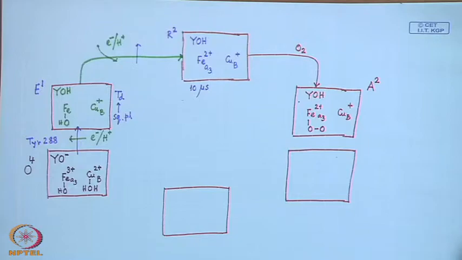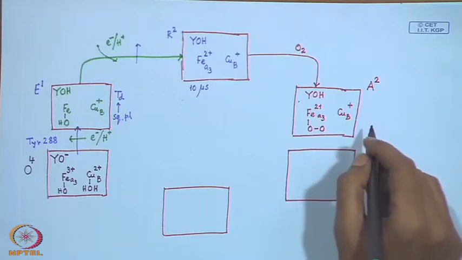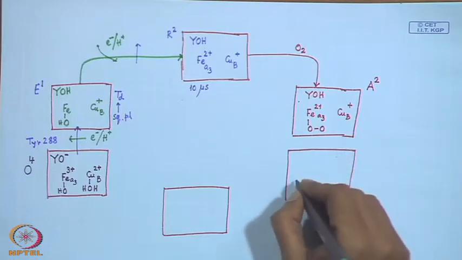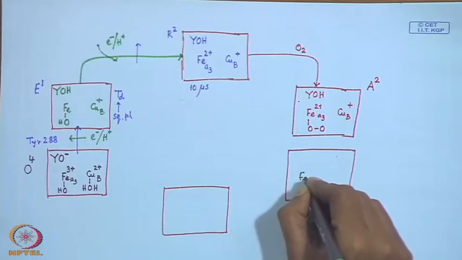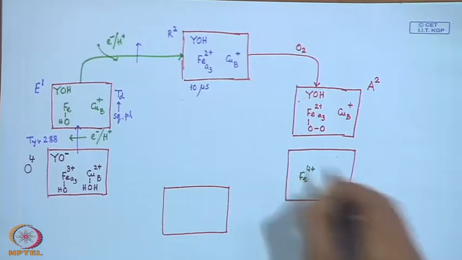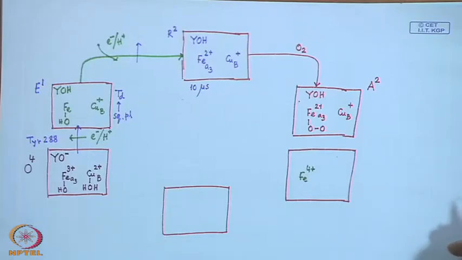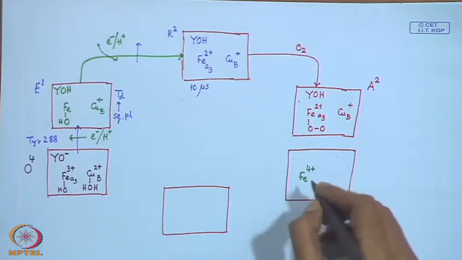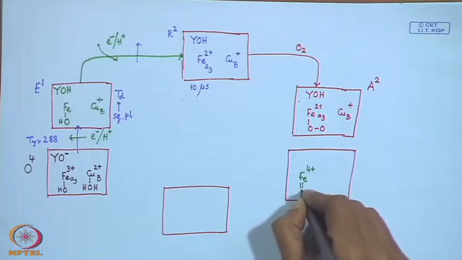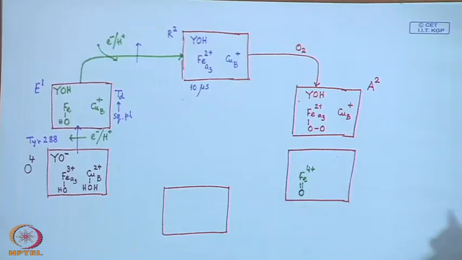So, any hydrogen peroxide or any oxygen based system which is bound to your iron site can go for a cleavage reaction, and that cleavage reaction is taking place on your iron site, and this iron can go to another oxidation state which is 4 plus. So, when it is going to a plus 4 oxidation state, your OO bond cleavage has taken place.